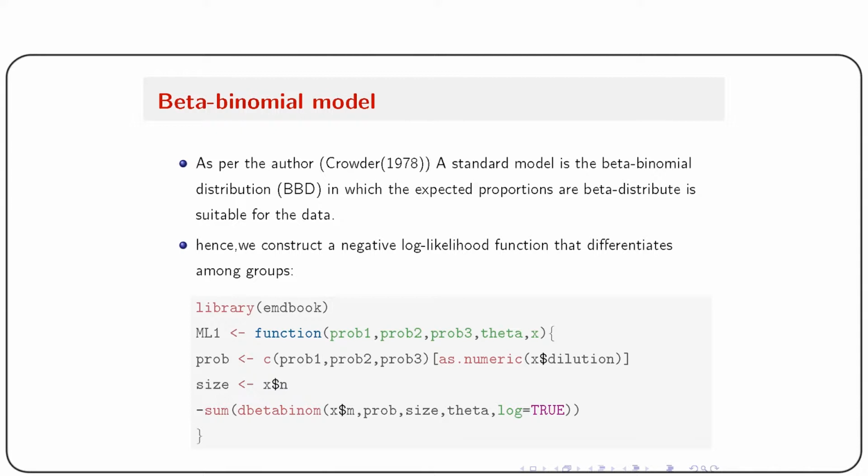Since prob1, prob2, prob3, theta and x are the arguments, this can be used to get the negative log likelihood function for the beta binomial model.